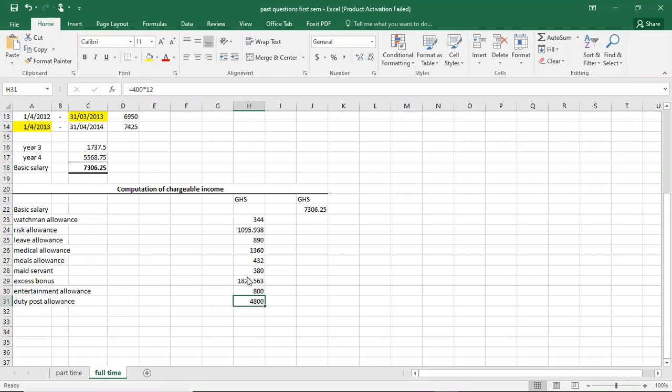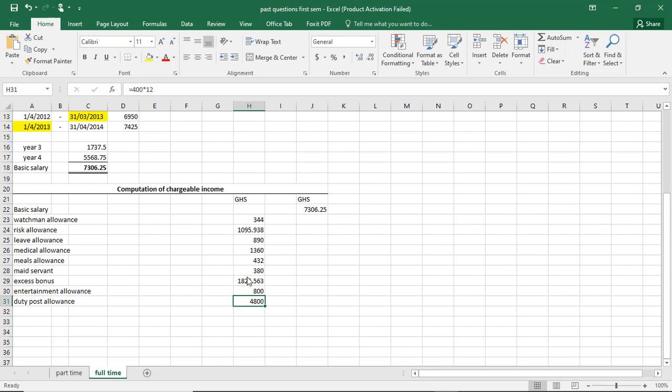If they have added accountable, what it means is that anytime you spend the money, you account for it. That is, let's say you provide receipts for the spending and so on. So therefore, GRA will not hassle you for that anymore. I think I've extensively explained this in face-to-face, so I'll not waste much time on it over here. So entertainment allowance 800 is here.